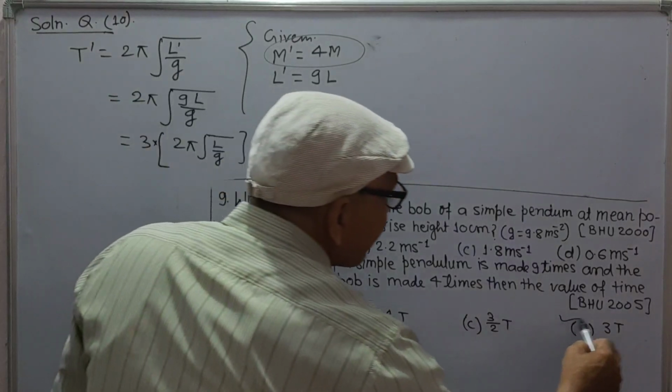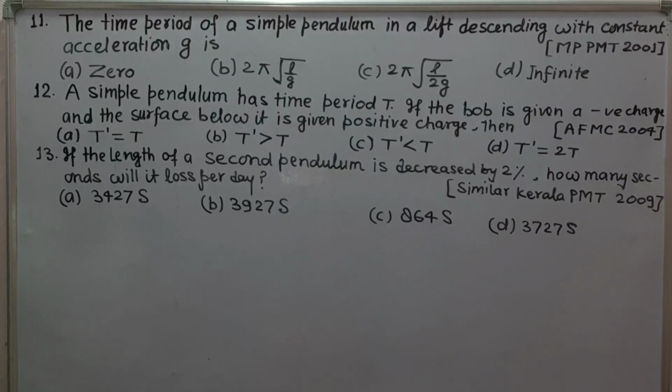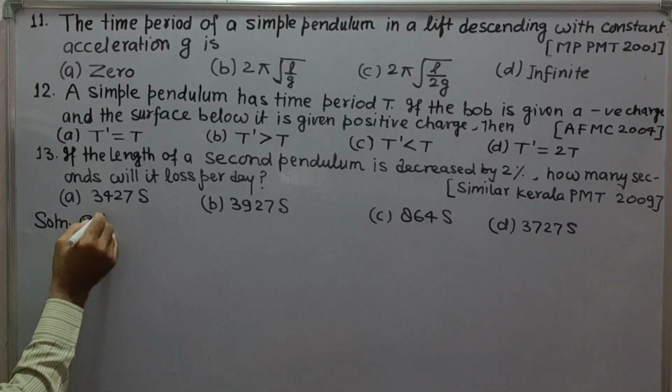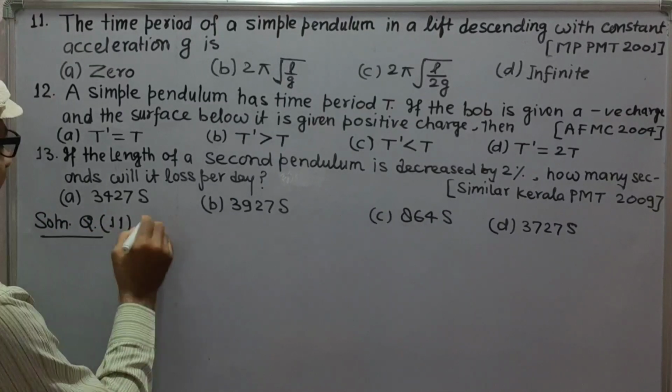Next, question number 11. The question is: the time period of a simple pendulum in a lift descending with constant acceleration g is. Solution to question 11.